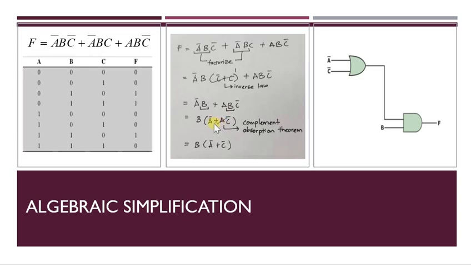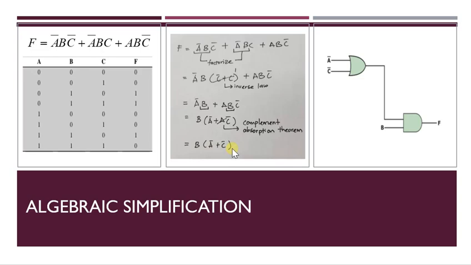So it's going to be B times (A bar or C bar). This is the simplified version of the SOP equation. The original is considered a canonical or standard form, which has a long Boolean equation, and after we simplify, this is a minimal form.